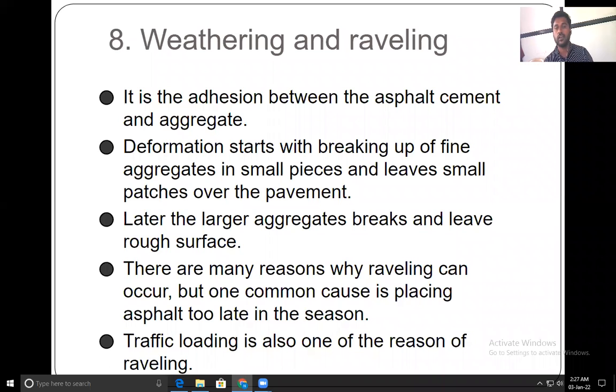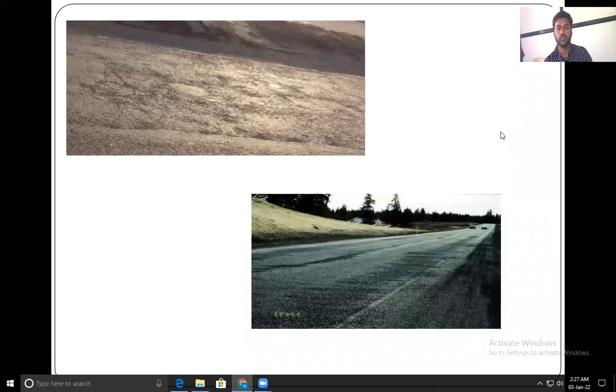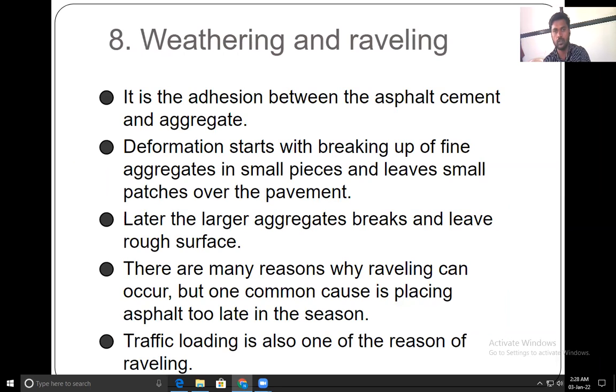Next is the weathering and raveling cracks. You can see here, it looks like weathering action. Such cracks are produced when a small amount of surface material gets removed from the road. You can observe it in the figure. Such cracks are known as weathering and raveling cracks.